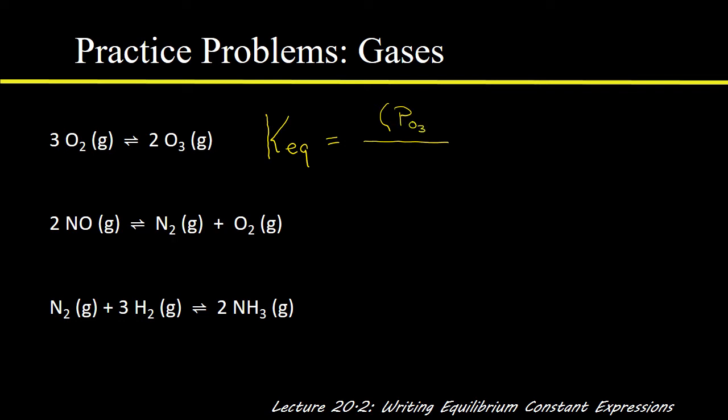So that's the partial pressure of ozone divided by the partial pressure of oxygen, the reactant, and then each one of them raised to a power equal to their stoichiometric coefficients. So for the ozone, we need a 2 up here, and for the oxygen, a 3. Okay. Go ahead and pause the video, write the equilibrium constant expressions for the next two reactions, and then unpause and compare your results with mine. We'll see how we did.